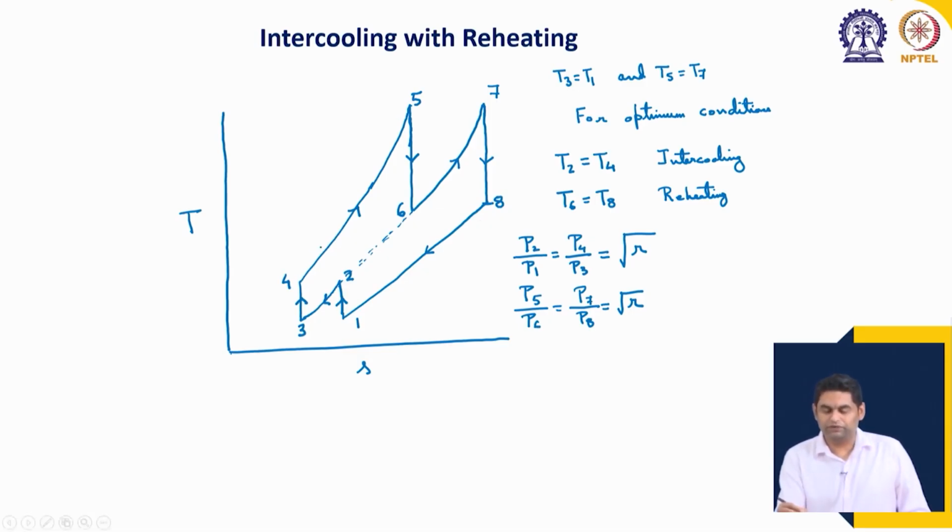So, if it is 10 atmospheric pressure, we will have 10 atmospheric pressure at 4 and 5, and pressures at 3, 2, 6 and 7 are all equal, and should be equal to root of R. So, root of 10 in that case, whatever is the value, 3.2 something. Okay. So, all the pressures are equal for this optimum condition, which we can see directly.